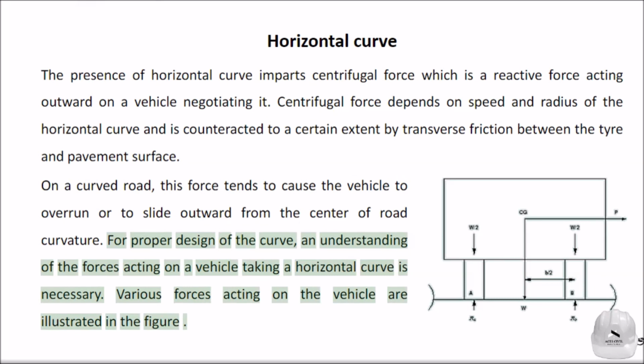For proper design of the curve, an understanding of the forces acting on a vehicle taking a horizontal curve is necessary. Various forces acting on the vehicle are illustrated in the figure.